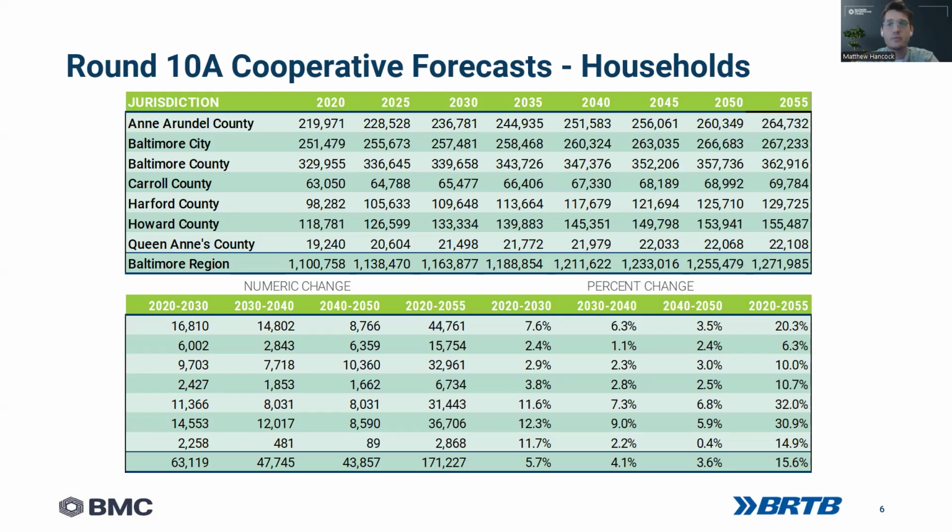This is really nailing down the trend of smaller household sizes in the region and nationwide, with our region declining from 2.59 to 2.49 persons per household by 2055. About 65%, two-thirds or a little over, of all household growth projected through 2055 will occur between 2020 and 2040 within the region.